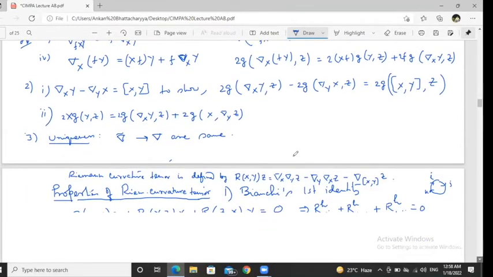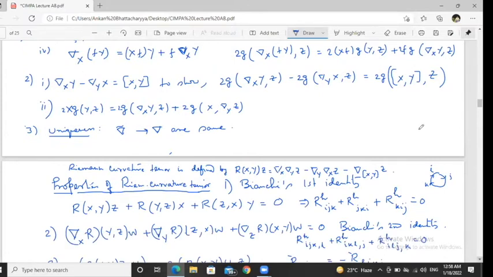Now we have the identity R(X,Y)Z plus R(Y,Z)X plus R(Z,X)Y equals 0, and in local form it is given in this way.